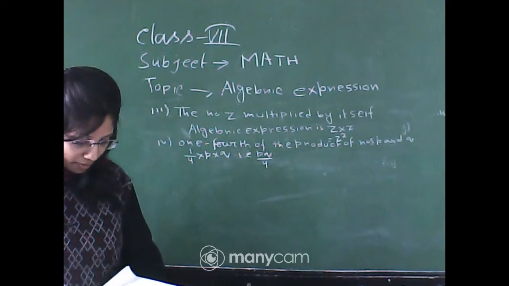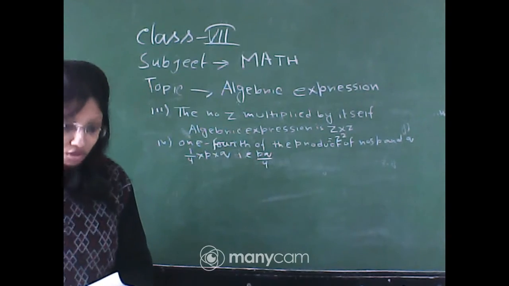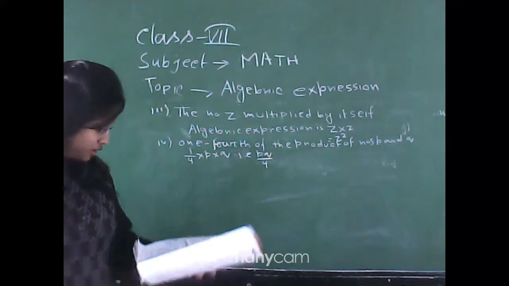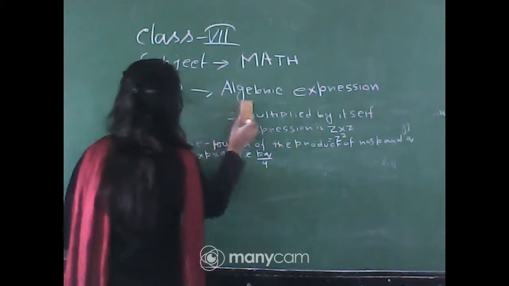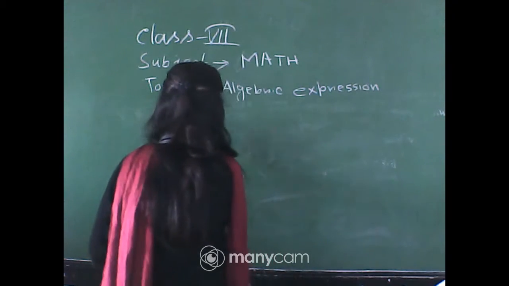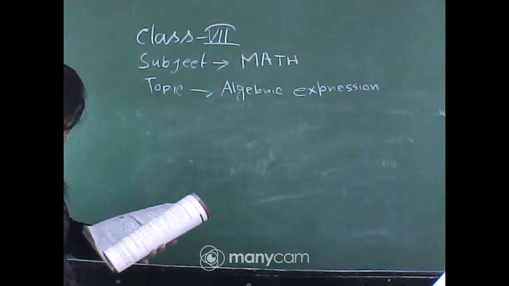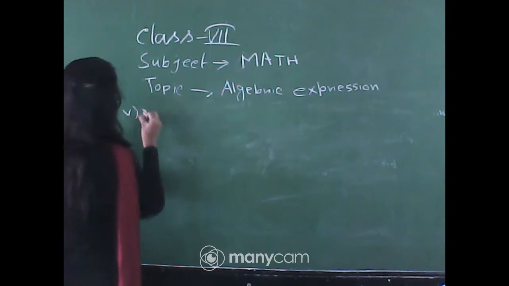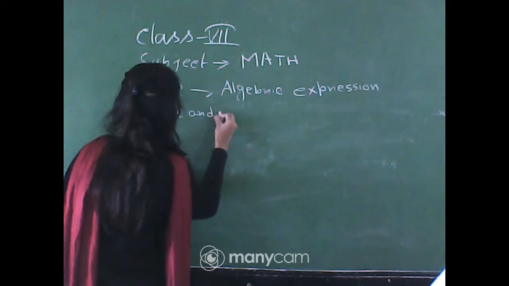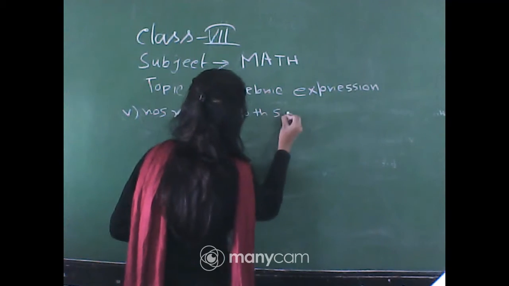Next, question number 5. Numbers x and y both squared and then added.